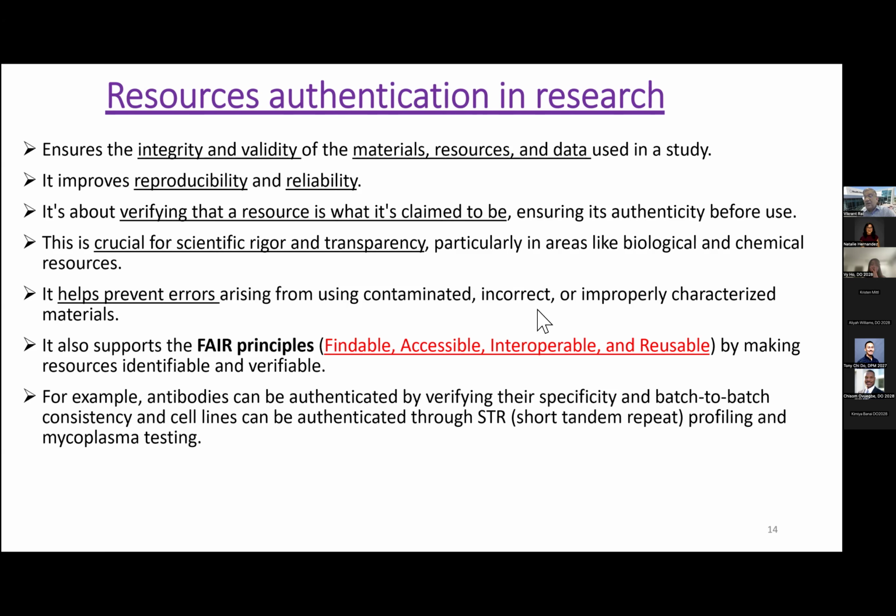So if I want to check whether you have done it correctly or not, I need to order the same antibody from the same vendor and use the same cell line or same tissue. And if I am getting the same results, it means whatever you have done is correct. That is called reproducibility.